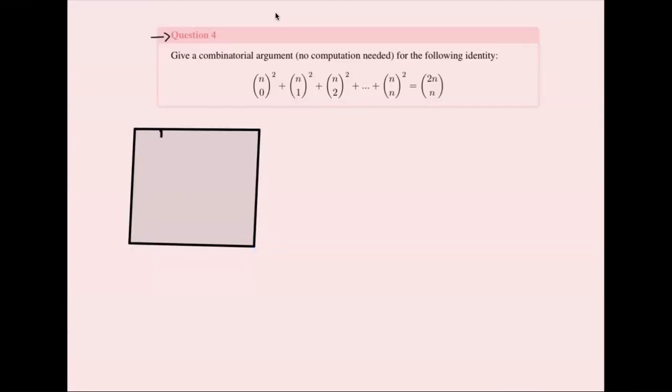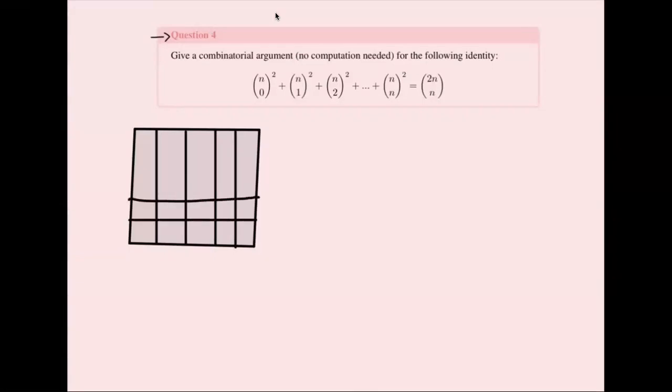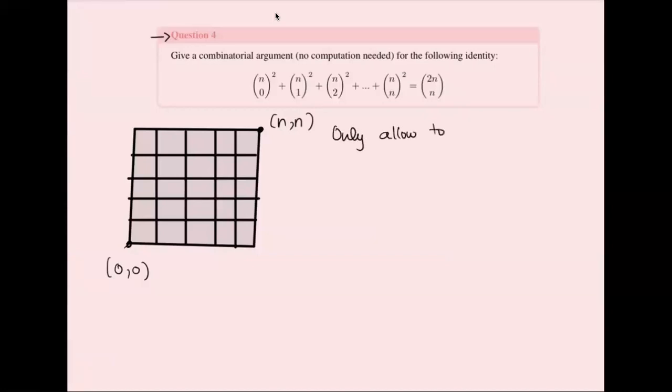So here, I also believe you covered this kind in the lecture. For example, you are starting at the point 0, 0, and you want to reach the point (N, N), but you are only allowed to turn right or go upward. You have to go step by step, one unit at a time.